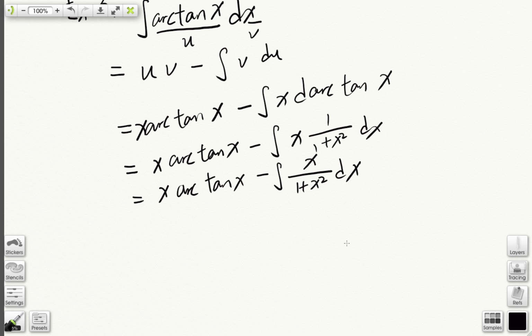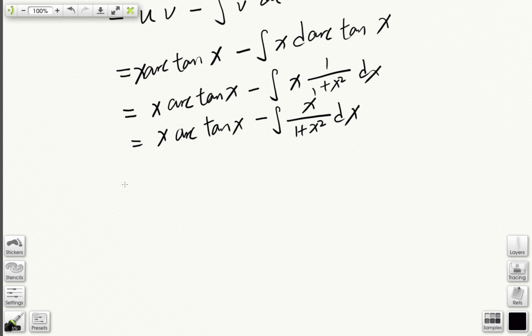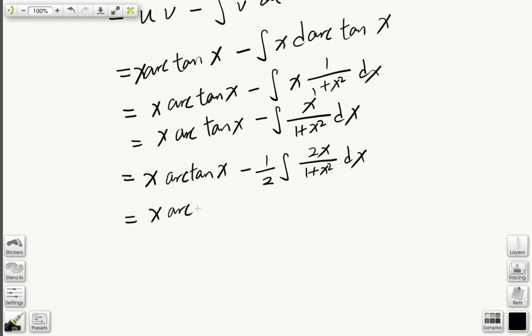So this equals x arctangent of x minus the integral of this, right? We can adjust the constant on the integral for a while and try to use the substitution method. If we multiply by 2 here, then we have 1/2 in the front, with a minus.